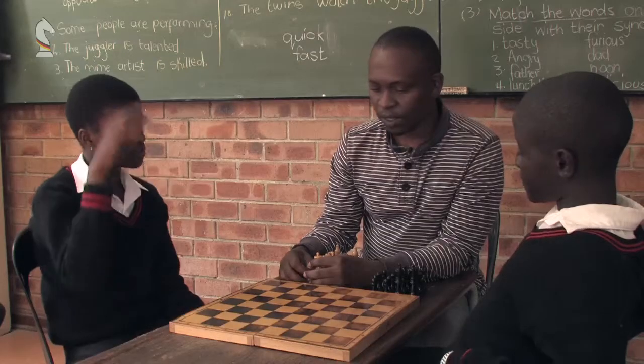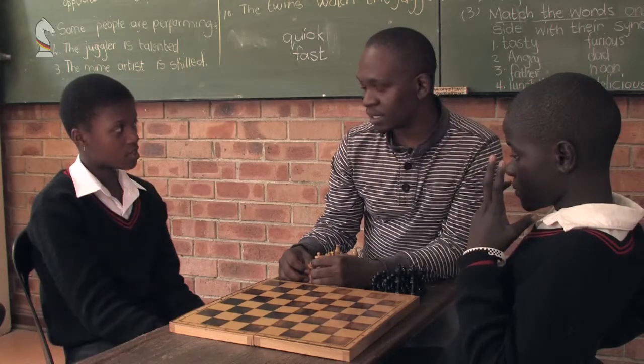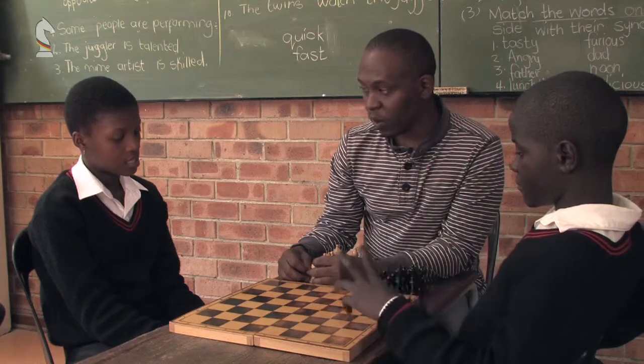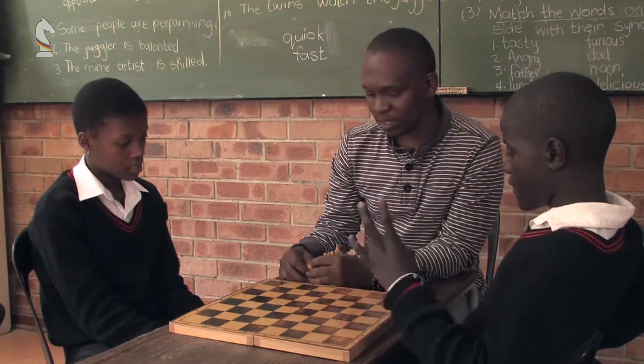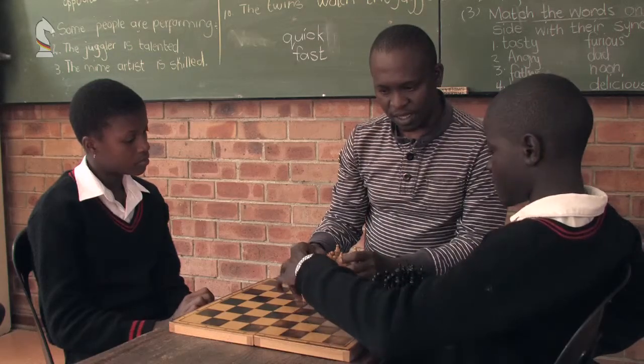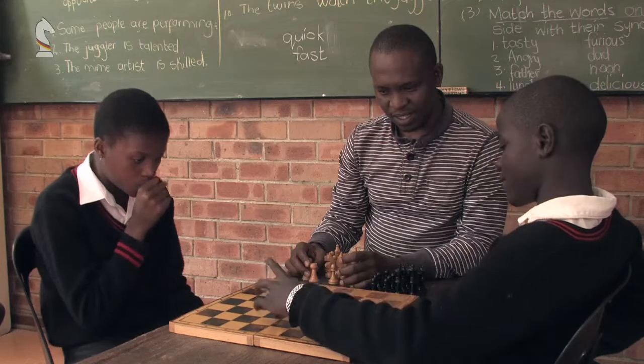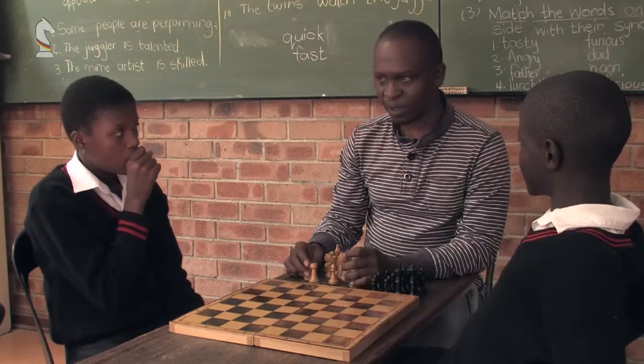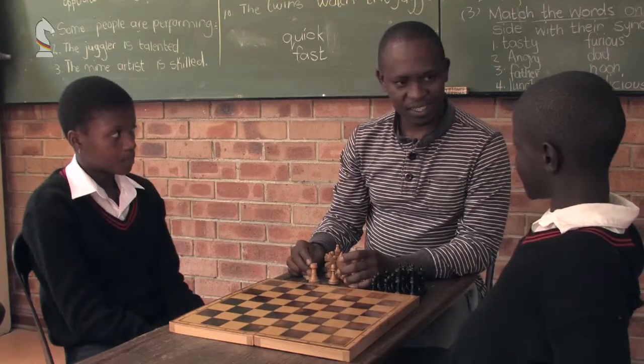It's on E5. 1, 2, 3, 4, 5, 6, 7. 1, 2, 3, 4, 5, 6, 7. Still 7. How many squares? 14 squares.